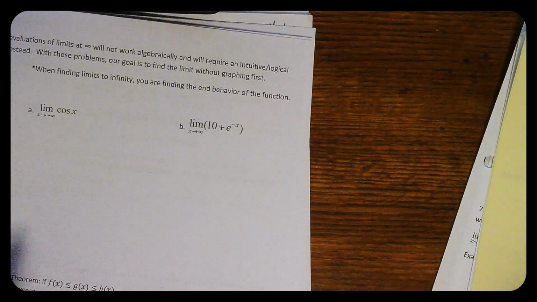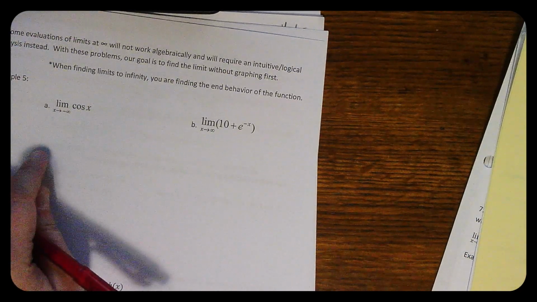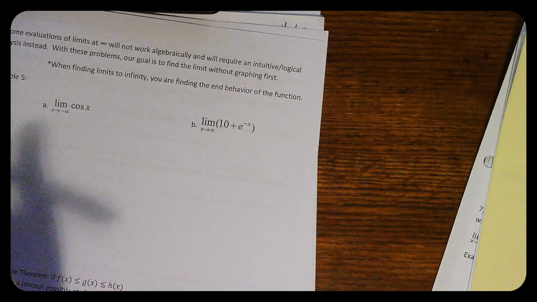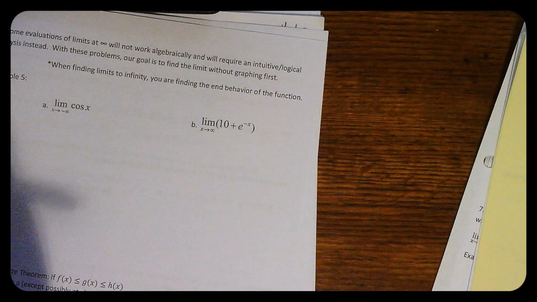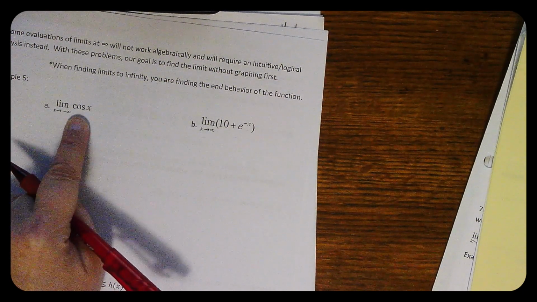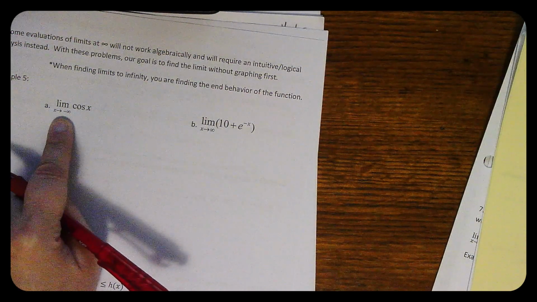Okay, so take a look at these examples. Sometimes you don't use the rules that we were just using. Sometimes you can just use an intuition, a logical analysis. So, for example, this one says the limit of cosine of x as x approaches negative infinity.